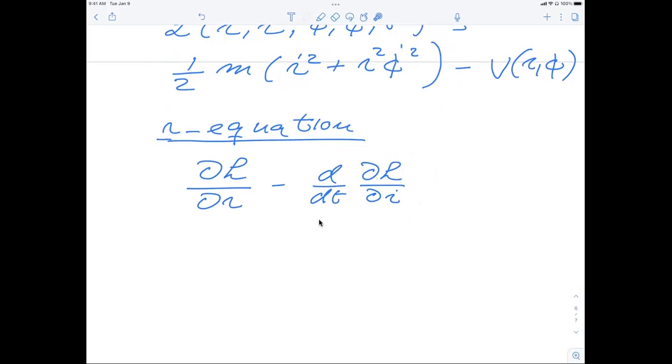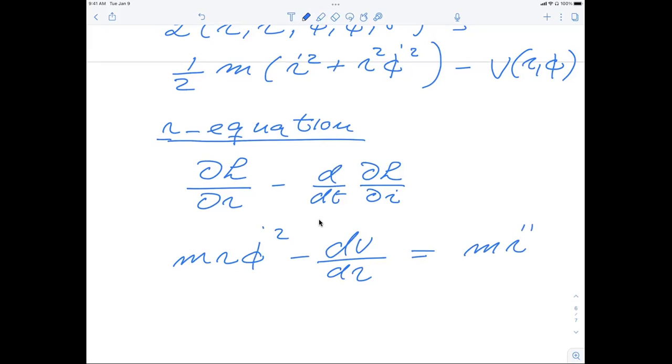Now, if I take and collect these different terms, then what we will get from the derivative with respect to the radius r is an equation which is going to run like n times r phi dot squared, minus dV/dr, and this is going to be equal to n times the second derivative with respect to r.